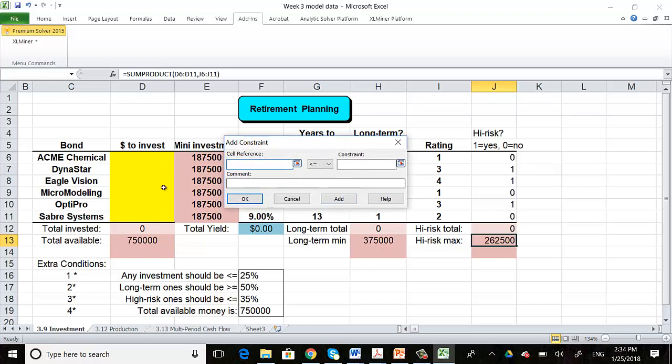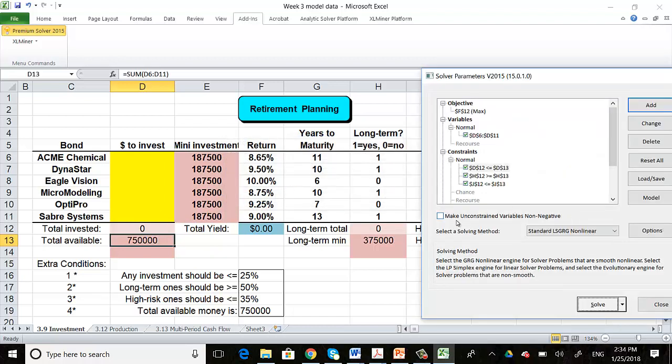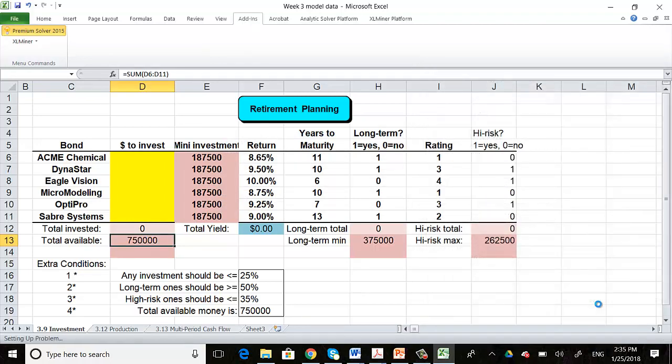Total investment. So this one now, the sum needs to be less than or equal to 750,000, or you can do equal to. It doesn't matter for this one. Make them non-negative. Change the algorithm and solve.